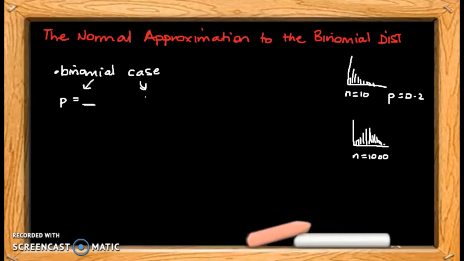You also need to make sure you only have a success or desired outcome, or a failure or non-desired outcome. Then what you do is you start off in binomial land.